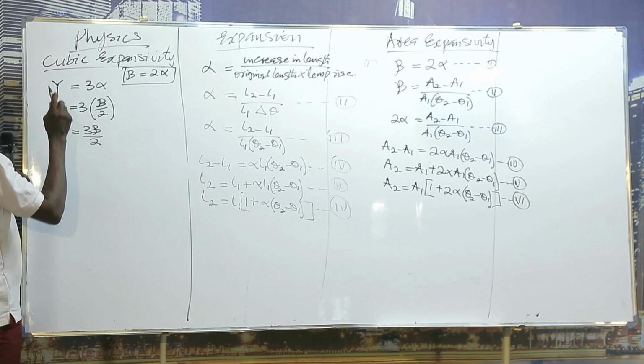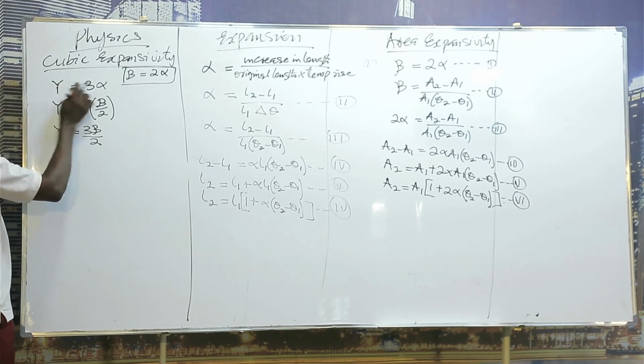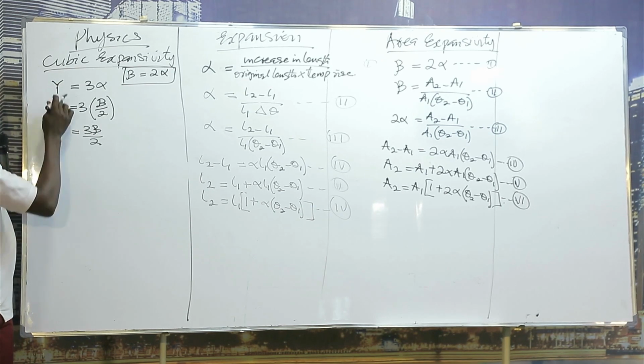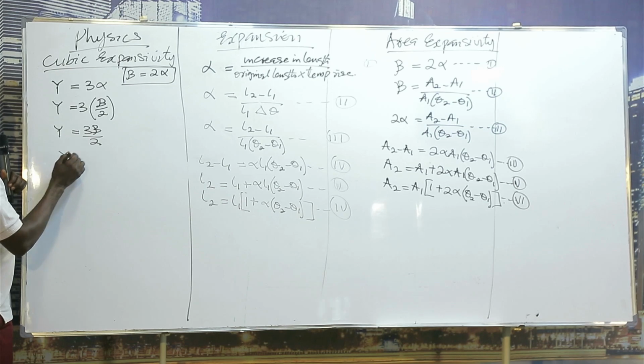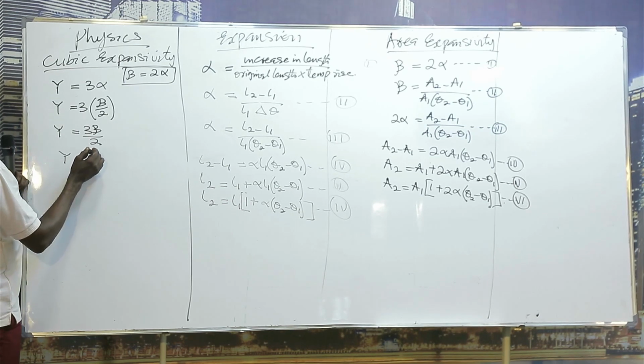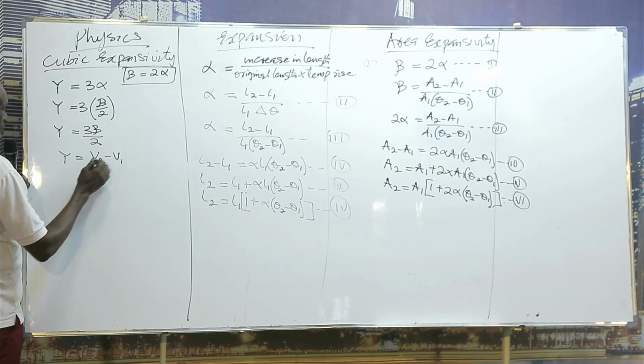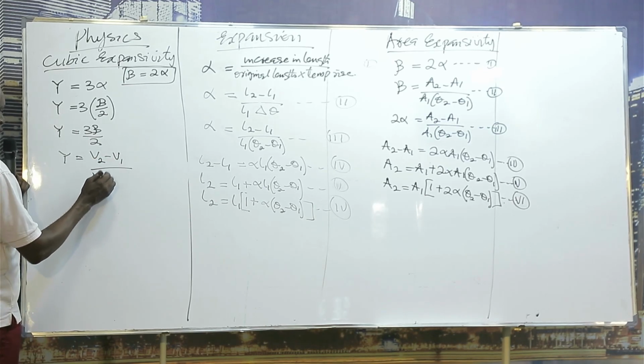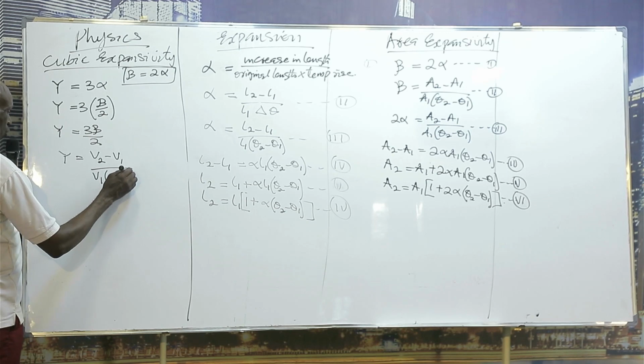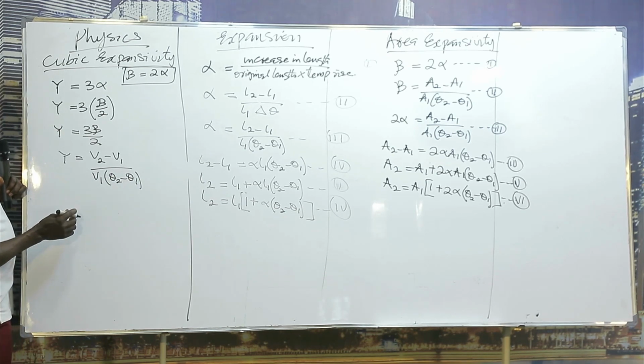Now, let me come back to the first derived. This gamma is the same thing as final volume minus initial volume, all over initial volume into theta 2 minus theta 1.